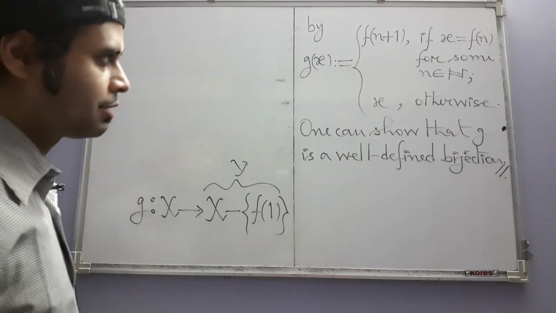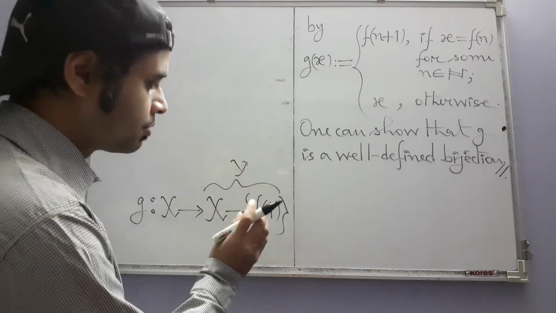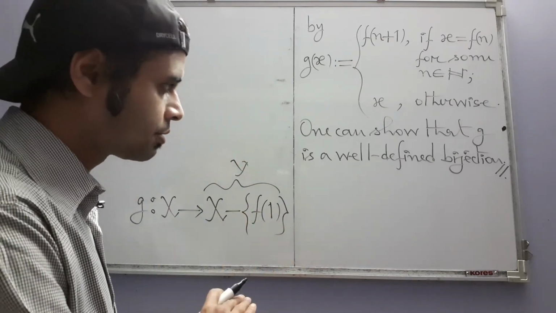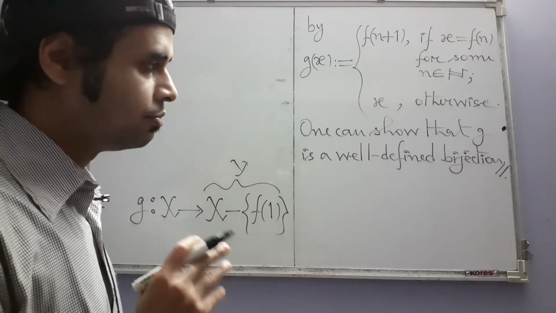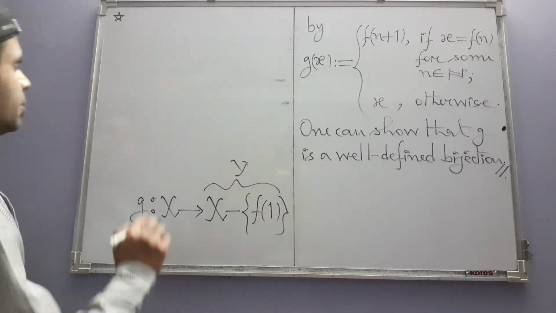Do you see what we have done with B? In fact, because we have proved that B is countable, we have just shown that X has a countable subset B, and we are using this set B to set up this function in this way.